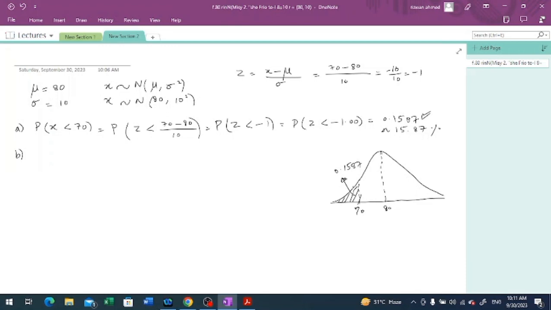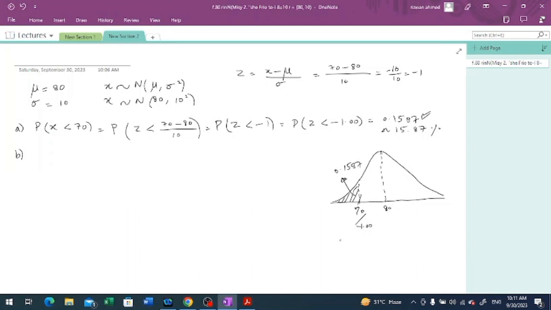So if we have the borderline of 70, when we transformed this 70, we got -1.00, and across -1.00 or below -1.00, we can find the probability of 0.1587. So this is the entire area below this borderline. The z table always gives us the area below a borderline.